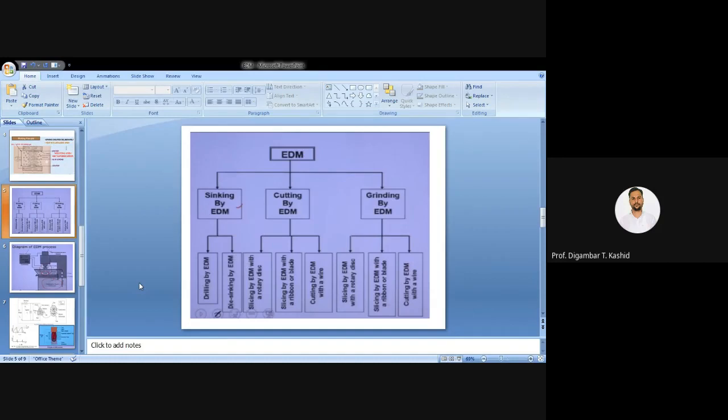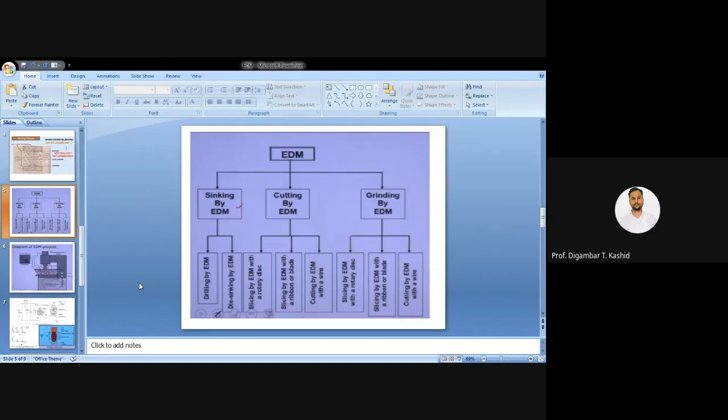But the amount of material removed from your tool is very less. So that tool wear rate should be minimum, and you have to control the parameters of this EDM process in such a way that the tool wear rate is as minimum as possible.